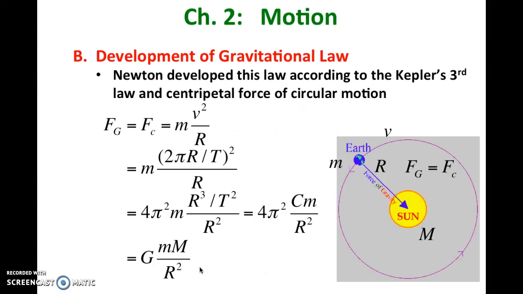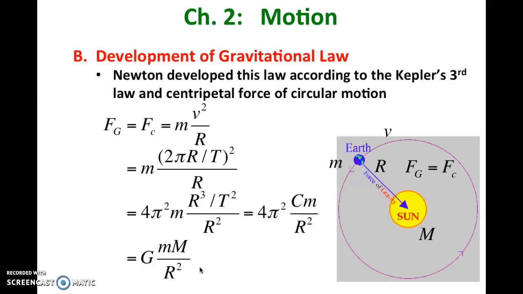Newton developed this law in terms of Kepler's third law and the centripetal force of circular motion. Gravity on the Earth by the Sun is equal to the centripetal force for the Earth to revolve around the Sun, approximately along a circle path.